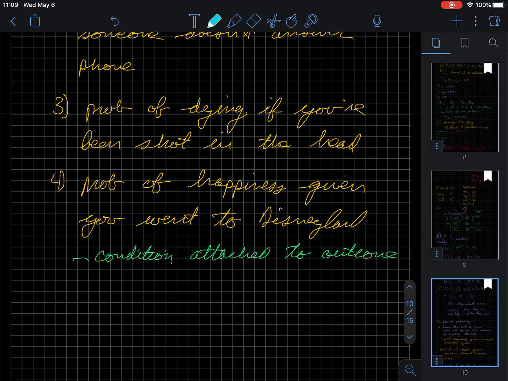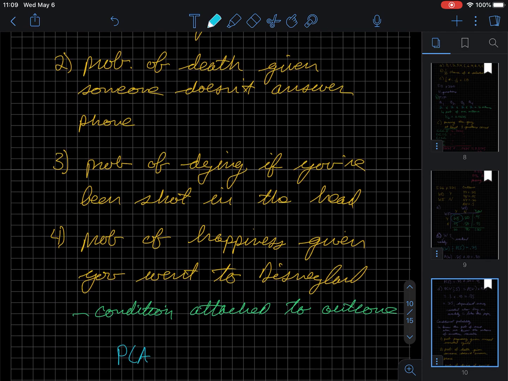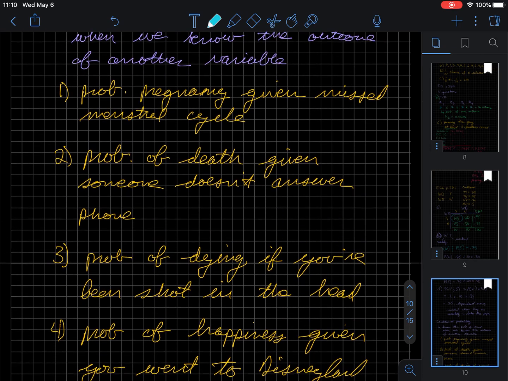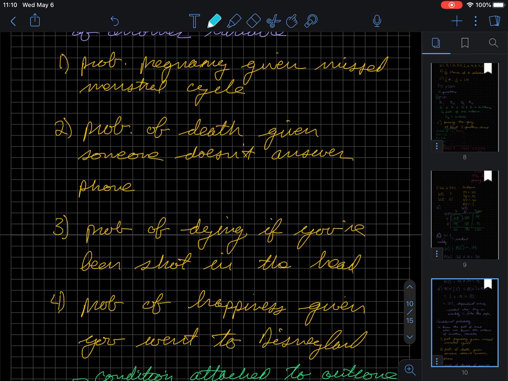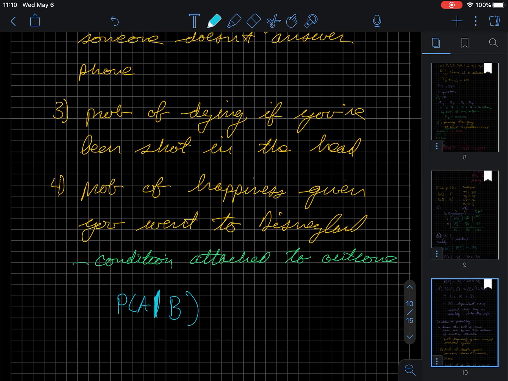The way that we think about this is, what is the probability of event A? So in these examples, event A would be pregnancy, death, or happiness, given, which is symbolized by a vertical bar, given event B. In this case, this would be a missed menstrual cycle. This could also be doesn't answer the phone, shot in the head, or going to Disneyland, right? So this is the way we think about it.